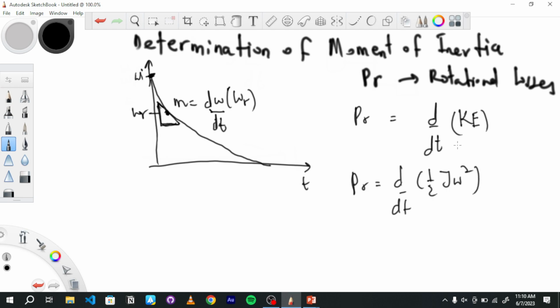When I differentiate this with respect to time, omega is a function of time, so the 2 cancels the half, and I'm left with PR equal to J omega d omega dt. Now, what are we finding? We are finding J, right?